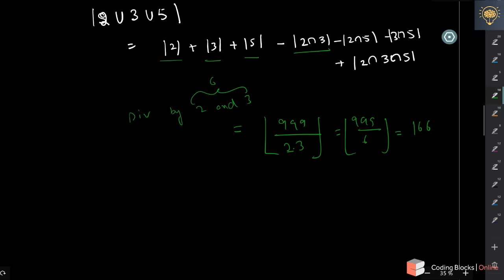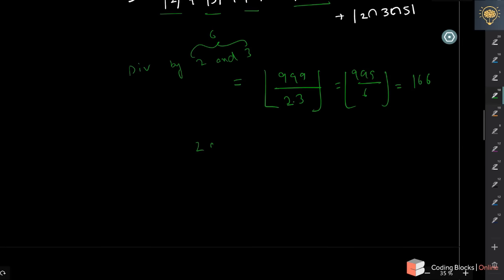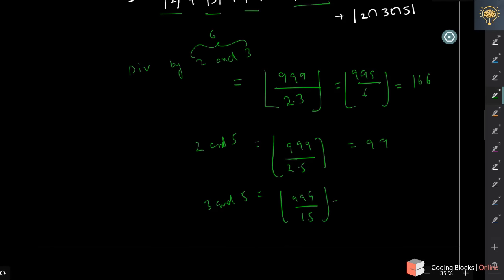Similarly you need to find out all those numbers which are divisible by 2 and 5. You can do floor of 999 divided by 2 into 5, all multiples of 10. So it is going to be 99. Similarly you need to find out 3 and 5. It is going to be 999 divided by 15, 3 into 5.